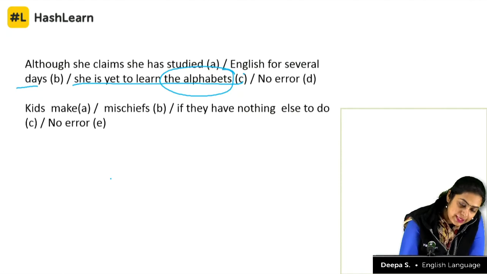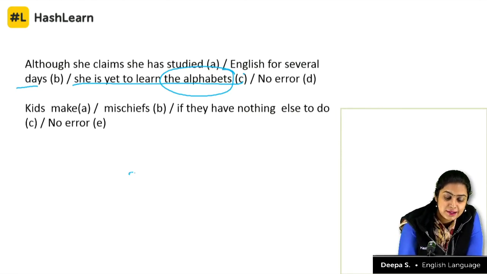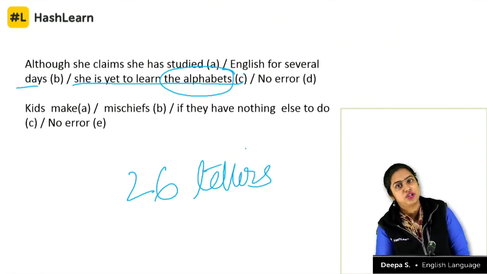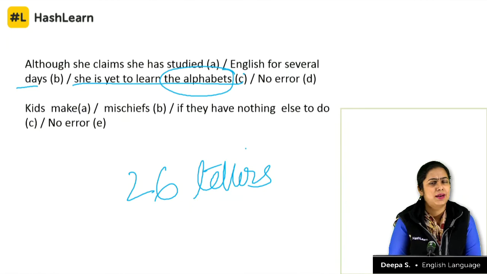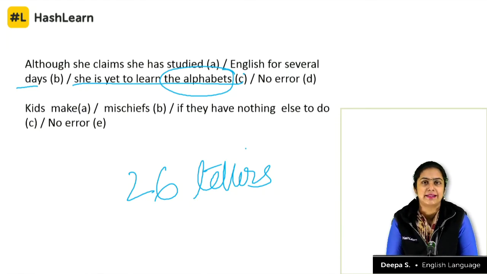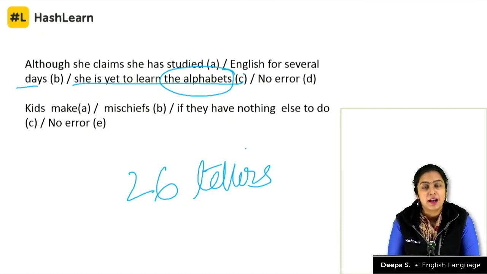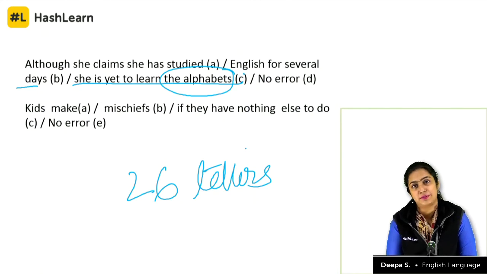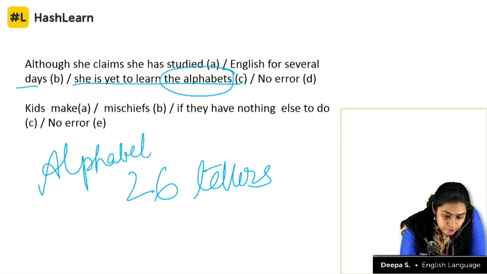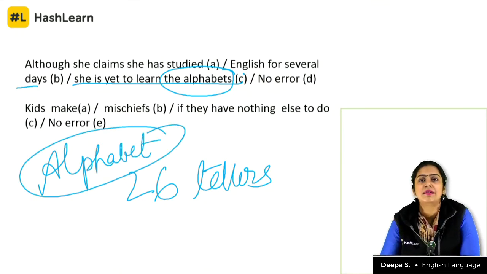Now the English alphabet has 26 letters: A, B, C, D, E, F, G, H, I, J, K, L, M, N, O, P, Q, R, S, T, U, V, W, X, Y, Z. Correct? Now remember, I said the English alphabet has 26 letters and not the alphabets are 26 in number. So the English alphabet is always singular.